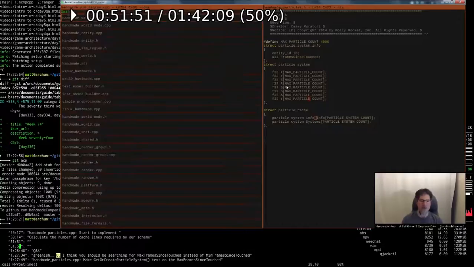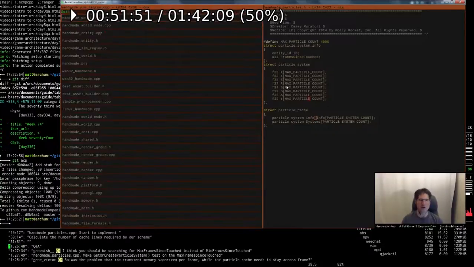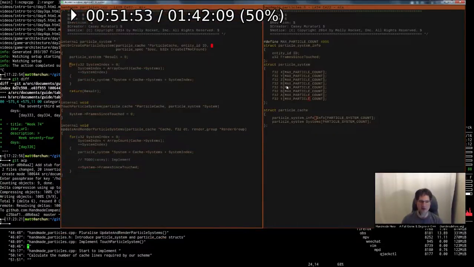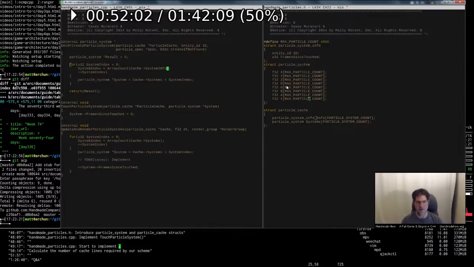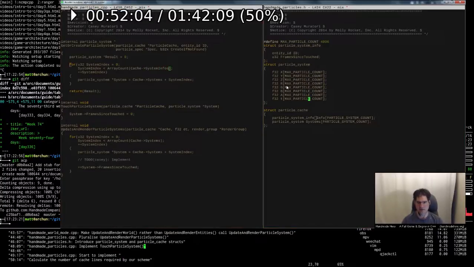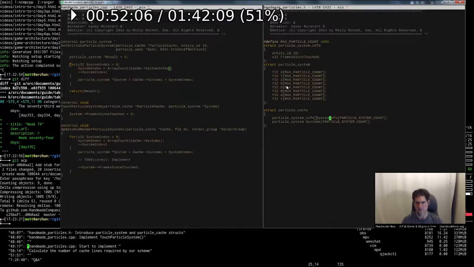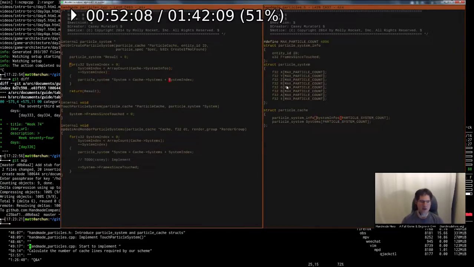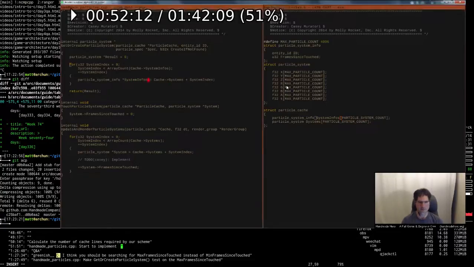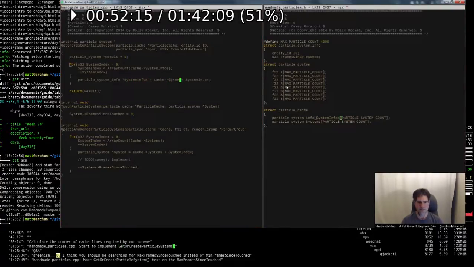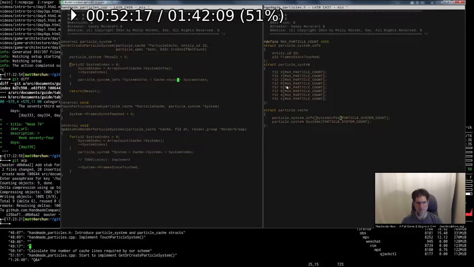So if we were to do that, then inside the particle part of this, what we would say is still loop through the systems, but instead make it the system infos, and we just want to check those.